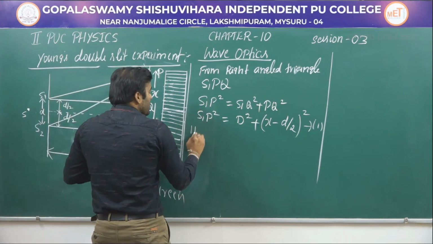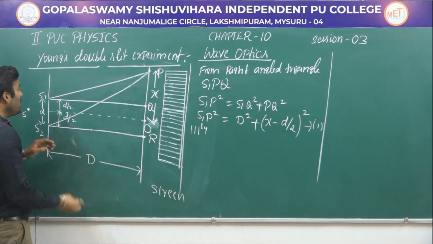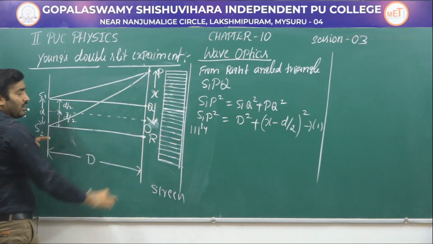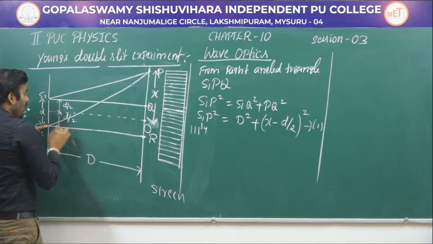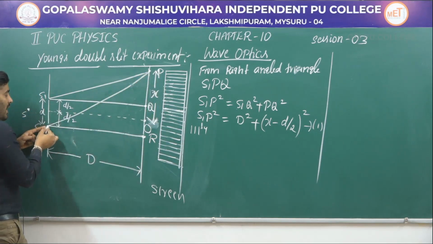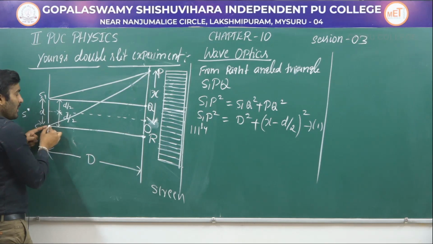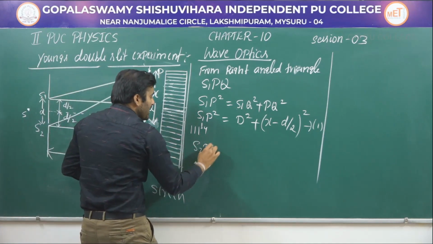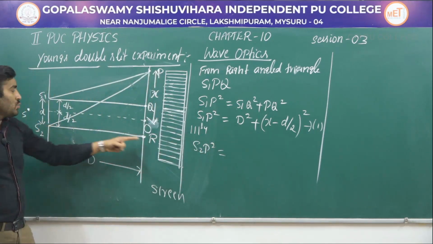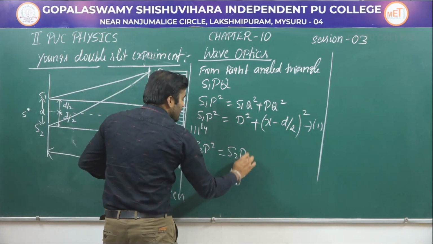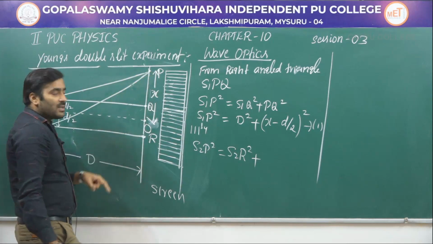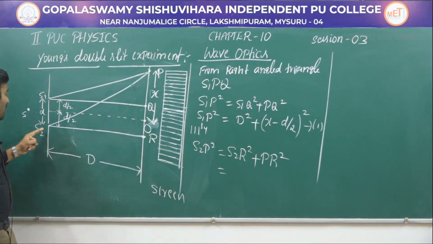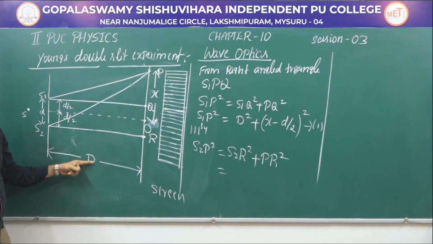Next, similarly we have one more right angle triangle, S2PR. From this right angle triangle, S2P square is equal to S2R square plus PR square. Let us write this: S2P square is equal to S2R square plus PR square. Again S2R is equal to D only, correct?